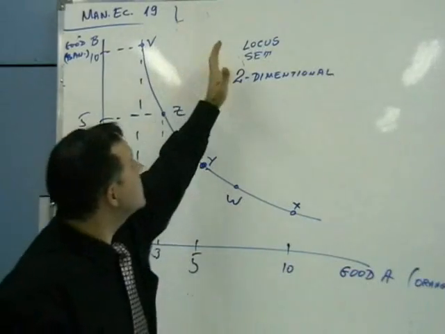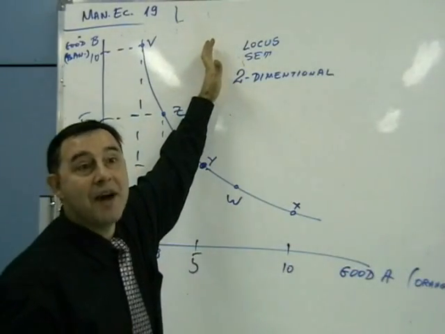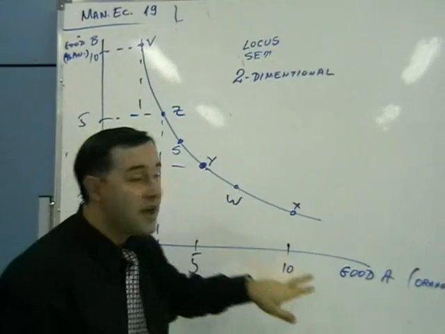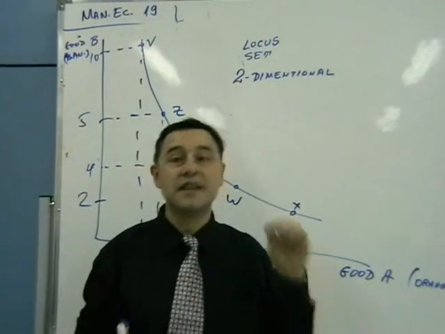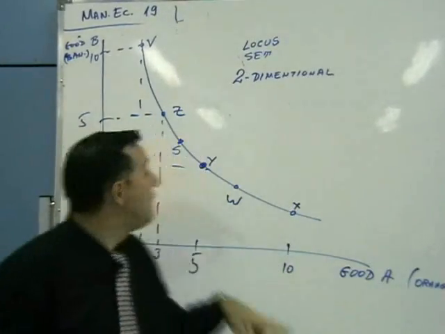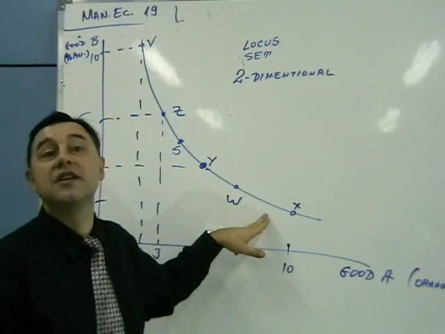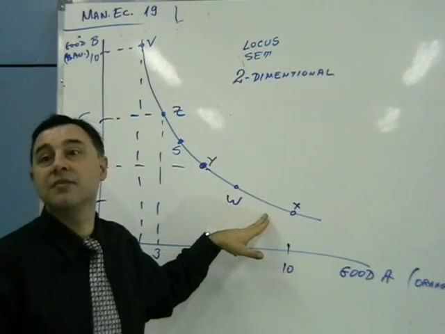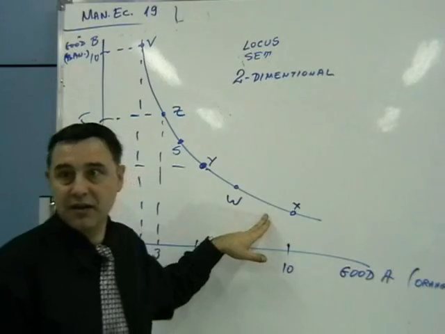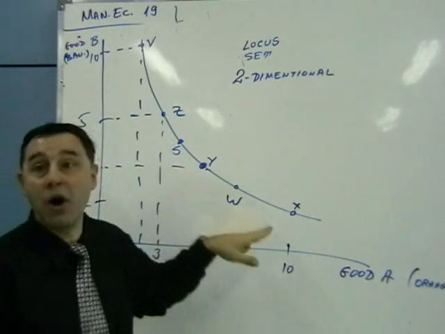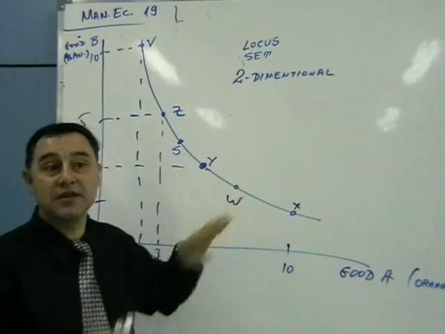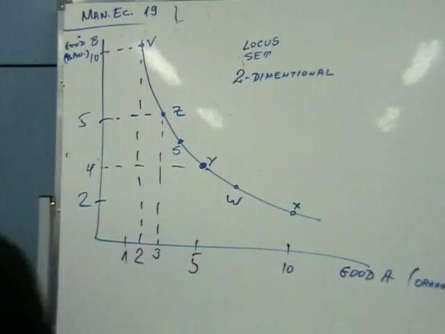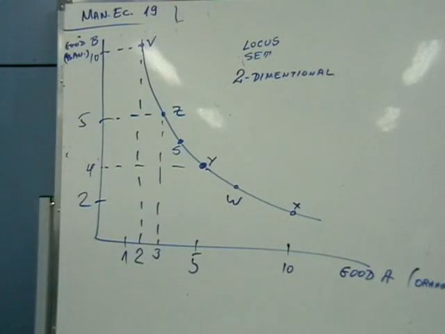Alright, so, this is a 2-dimensional space because our bundle is simply made of A and B. The set of points between which the consumer is indifferent between any bundles made on that. Is that fairly clear? Alright, this is what an indifference curve is.